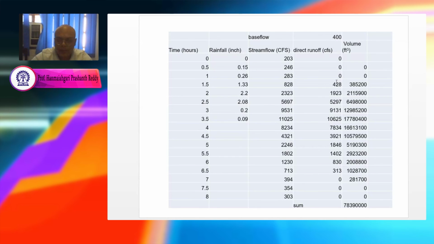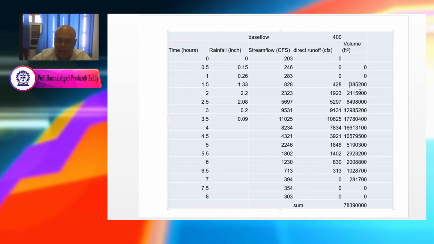So here in this case, 428 plus 0 divided by 2, because when we join the points they all become trapezoids. So 428 plus 0 divided by 2 into half an hour, that is 1800 seconds. So that's equal to 3,85,200 feet cube. So we have to do this for all the entries.